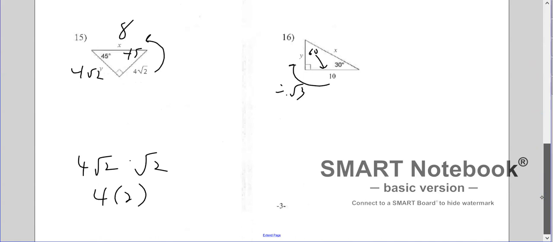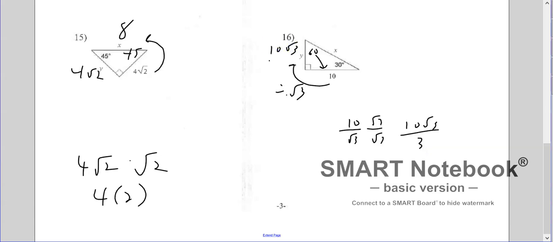But this one's going to be a little bit more work. So we have 10 divided by radical 3, which we must rationalize. So on the top, we get 10 radical 3. And on the bottom, we get 3, which does not go into 10. So that is our messy kind of answer for the other leg. 10 radical 3 over 3.